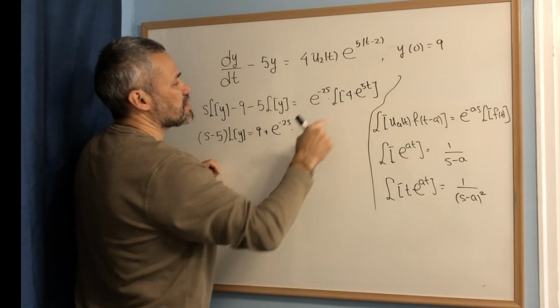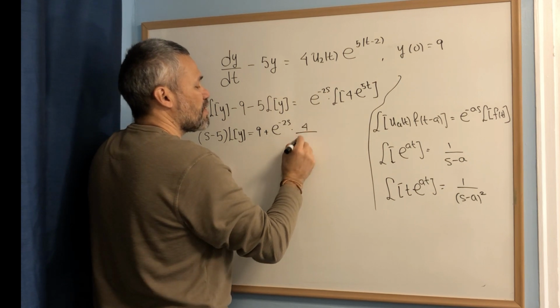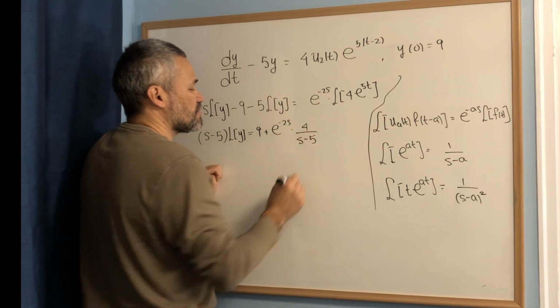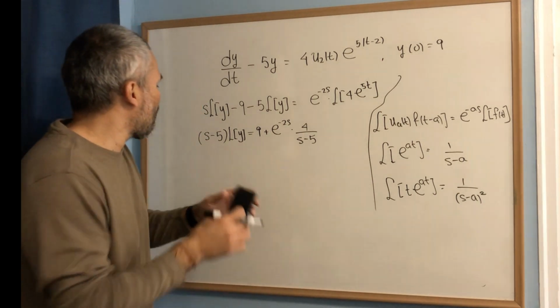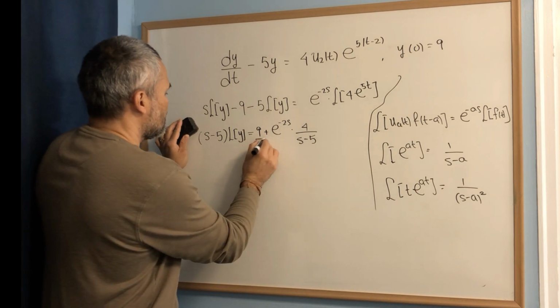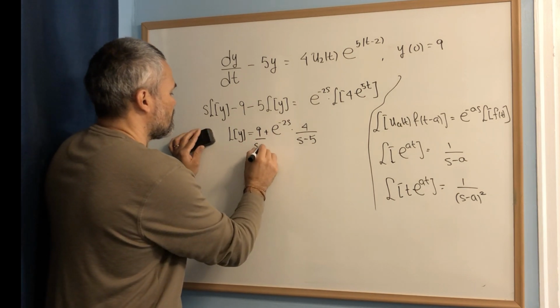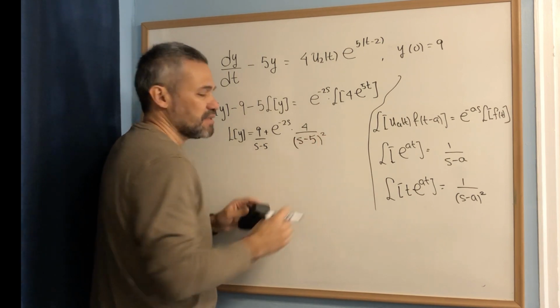Then the Laplace transform of this is 4 over s minus 5. And then we can solve for the Laplace transform of y by dividing by s minus 5. Then I get here s minus 5, and when I divide by s minus 5, I get this square.